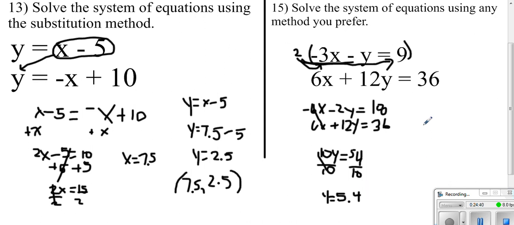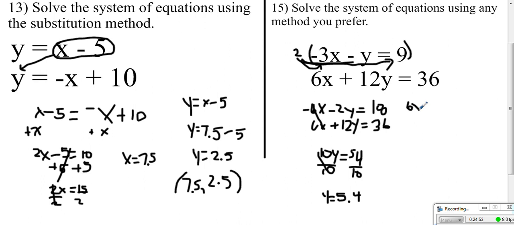Okay, so now we have to substitute in to get an x. And it's actually pretty difficult here. So I guess I'll use the second one. Okay, so you have 6x plus 12 times 5.4 equals 36.